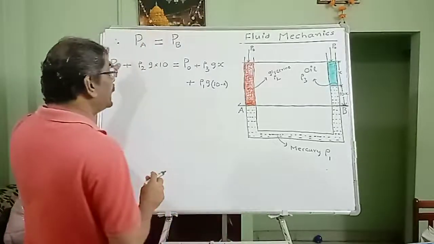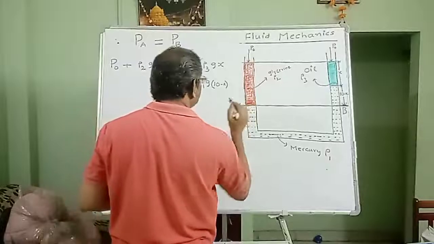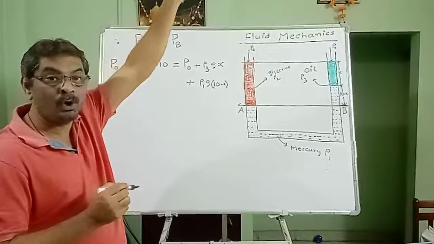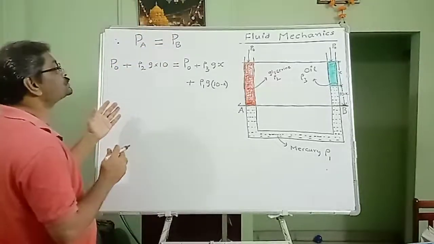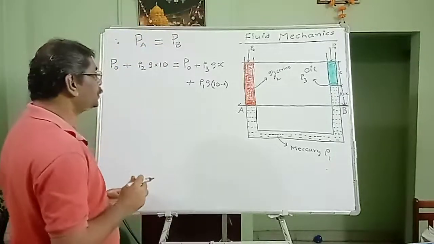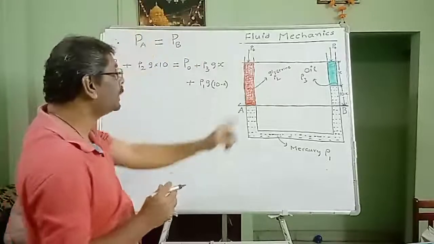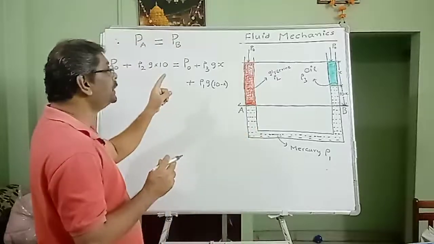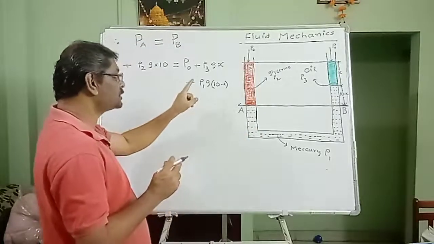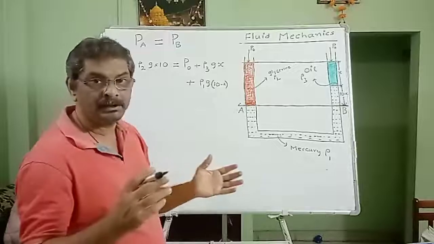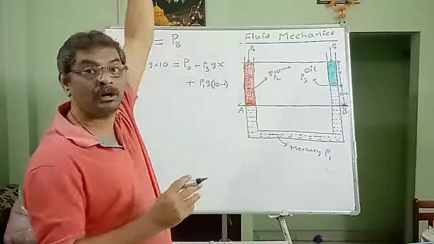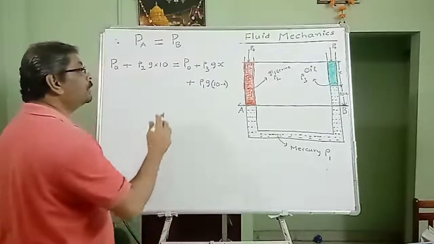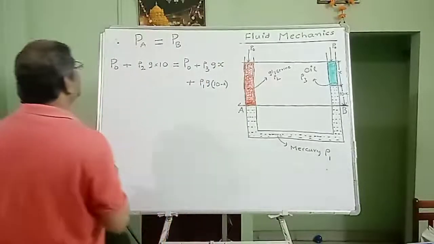The total pressure at point A, P naught plus rho 2 g into 10, is equal to the total pressure at point B, P naught plus rho 3 g into x plus the pressure due to the mercury column, rho 1 g into 10 minus x.